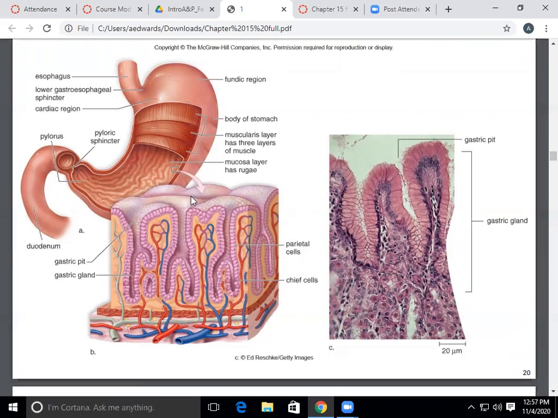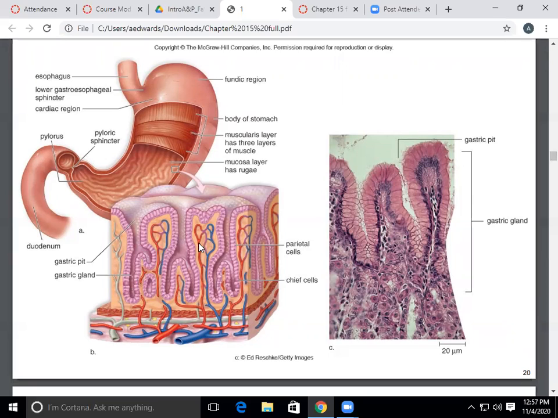Now, if we want to look at this more on a tissue level rather than the organ level, we see that with the rugae, what you end up getting on a tissue level are little gastric pits. Okay, and in these gastric pits you have glands.